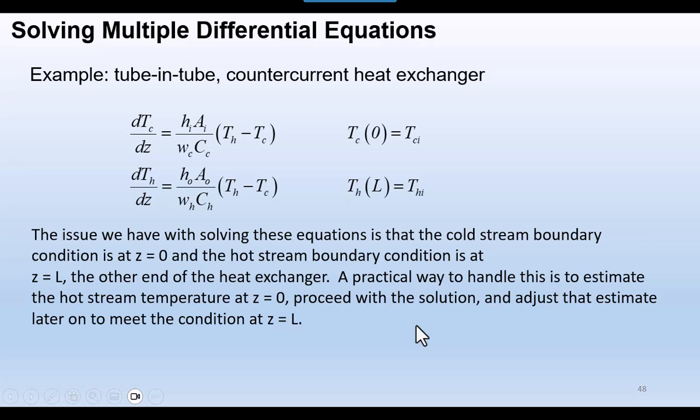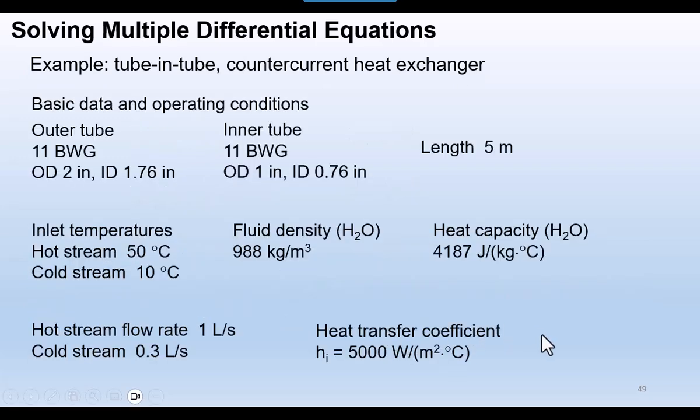this is more applied. So we have some basic data and operating conditions here where we're choosing to use actual tubes and not pipe, and as a result they have a precise outside diameter of 2 1/2 inches and an inside diameter based on the gauge, 11 gauge of the tube.